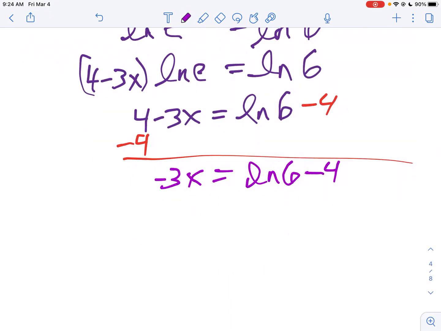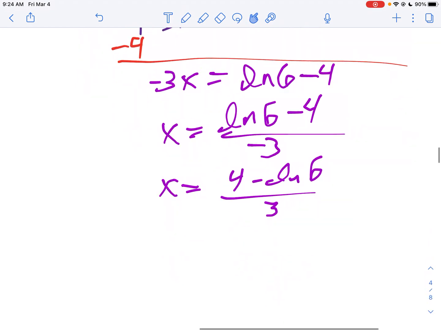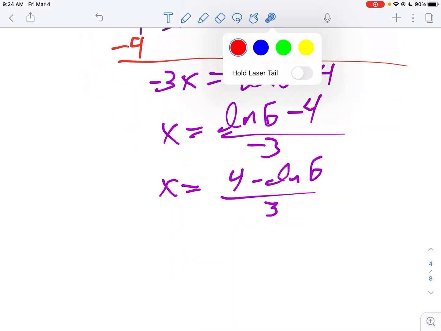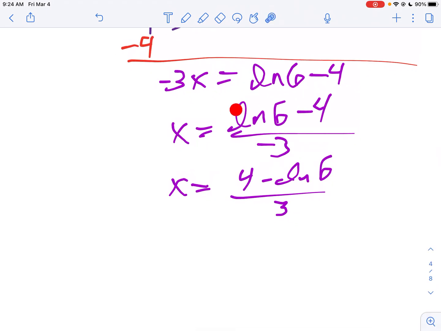So I'll say x equals the natural log of 6 minus 4 divided by negative 3. Well, I don't like writing with a negative in my denominator, so I'm going to write that as 4 minus the natural log of 6 divided by 3. All I did is a positive divided by negative is a negative, and a negative divided by a negative is a positive, and I wrote my positive first. That's all we did there.